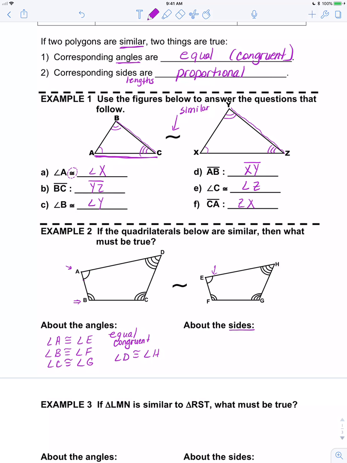What do we say about the sides? The sides should be proportional to each other.